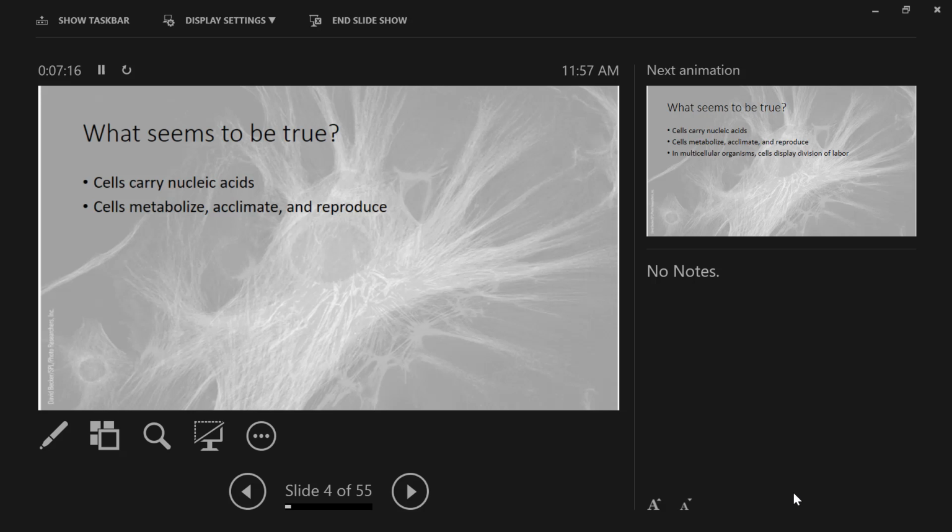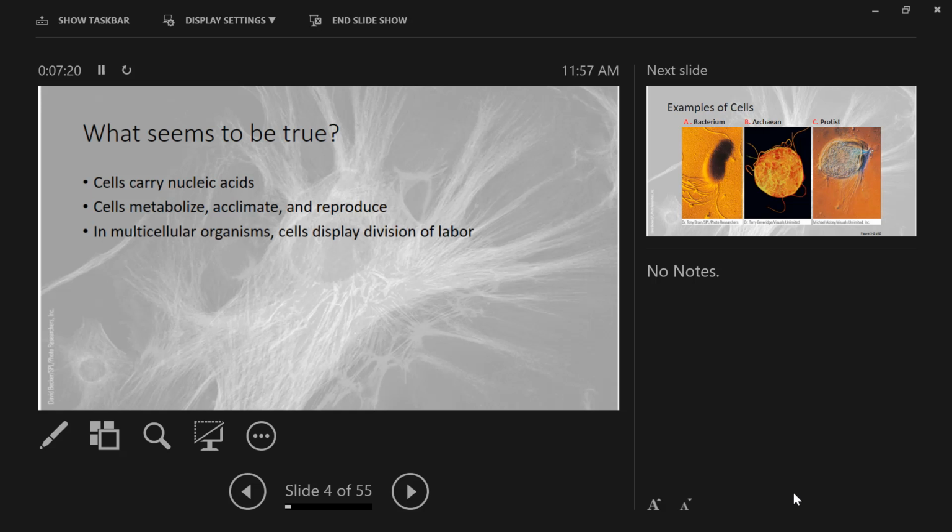All right? Now, additionally, in multicellular organisms, cells also display division of labor. What does that mean? Basically, two different cells have to be capable of doing different jobs, and not because they're different genetically, but because they have to carry out different jobs.